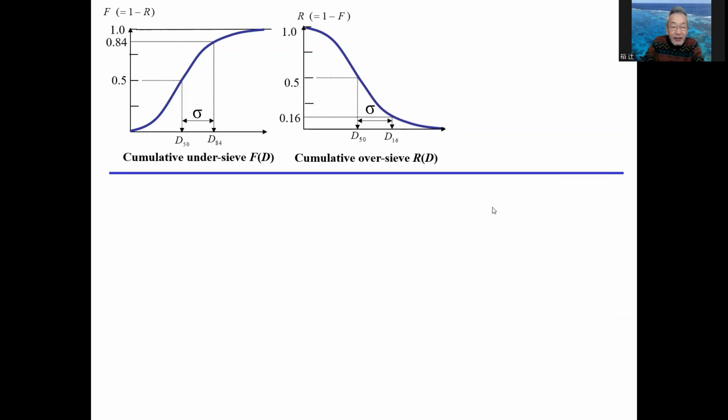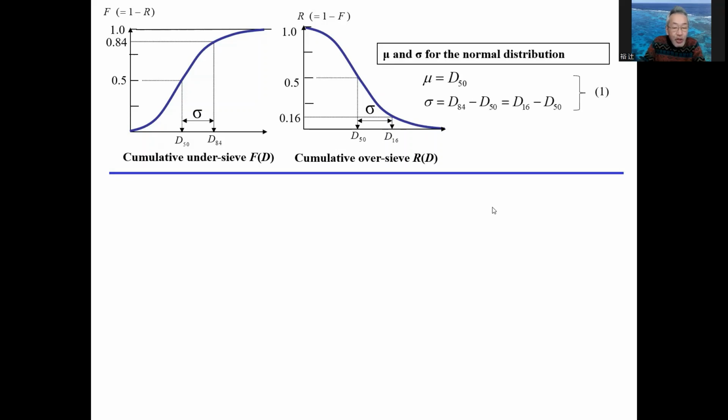D84 is the particle size corresponding to F equal to 0.84. 0.84 of F corresponds to oversieve distribution R equal to 1 minus 0.84, that is 0.16. As shown in the right figure, the particle size corresponding to R equal to 0.16 is called d16.